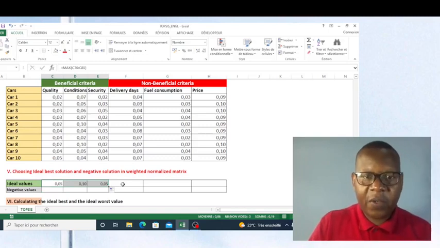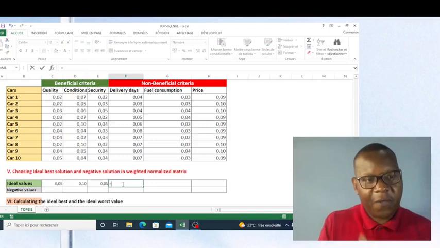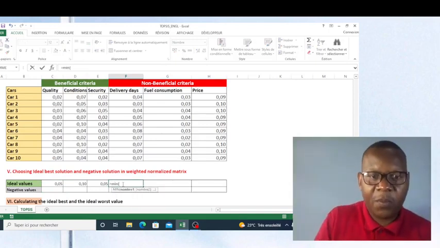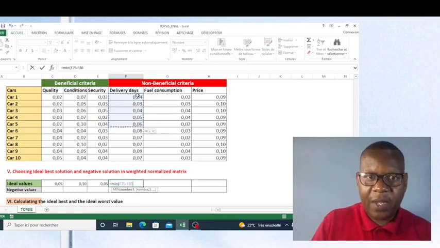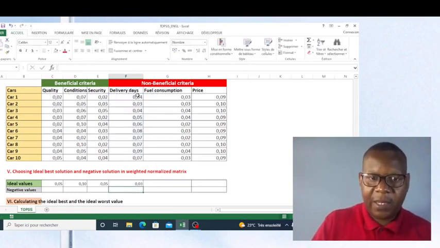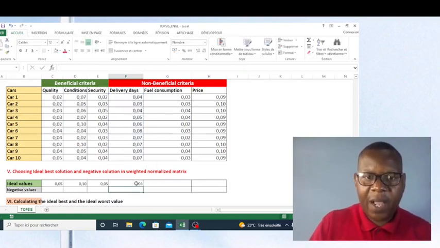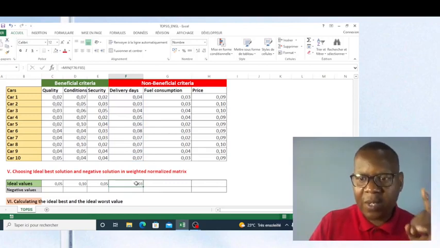But for non-beneficial criteria, the ideal value is the minimum value. Now I can write here minimum. Now I choose the minimum value in delivery dates. I press enter and I can copy this formula for non-beneficial criteria.